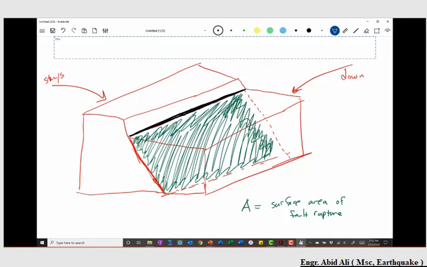It could be pointing north, northeast, east, or whatever. It could be slightly curved; rarely are they totally linear. That intersection is what we tend to see as a fault on the ground surface, and its azimuth orientation is what we call the strike of the fault.